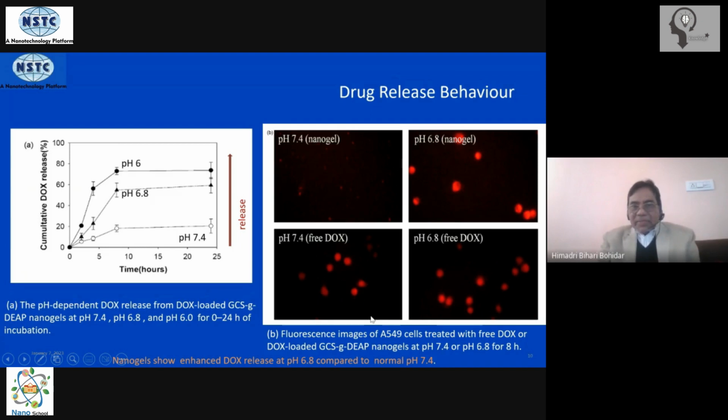The takeaway from here is pH can be used as a trigger in nanogels. Again, I am reiterating that we have to choose a polymer precursor which is sensitive to pH change. The nanogel must undergo either a swelling or deswelling mechanism because of the application of the trigger. And in this case, the pH is doing that job perfectly.